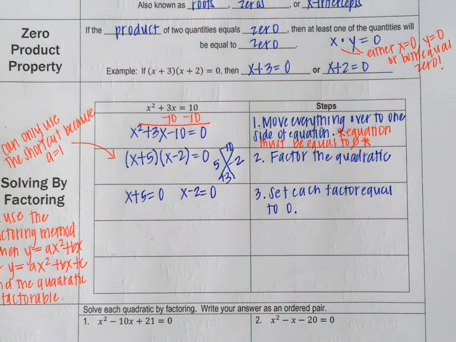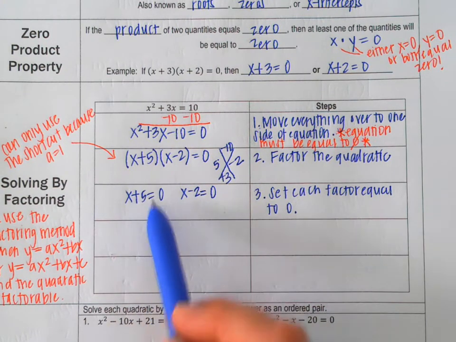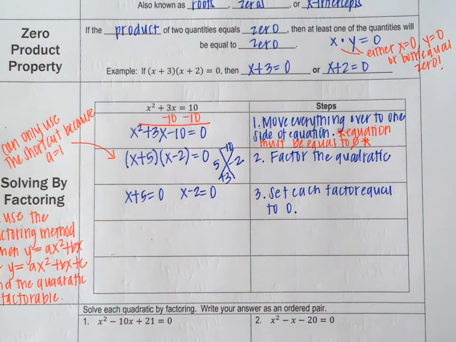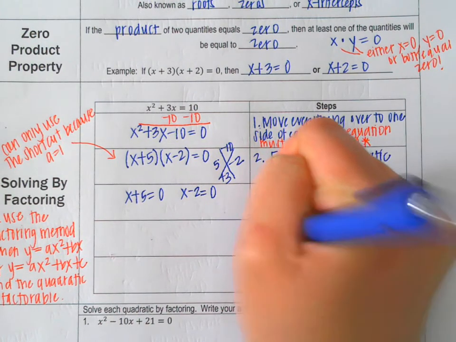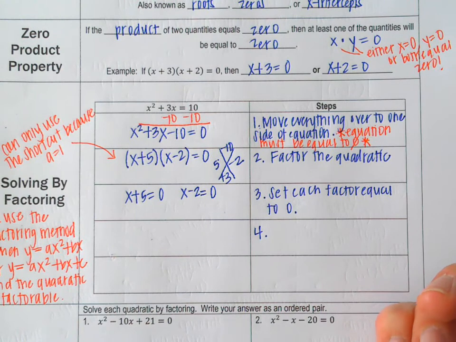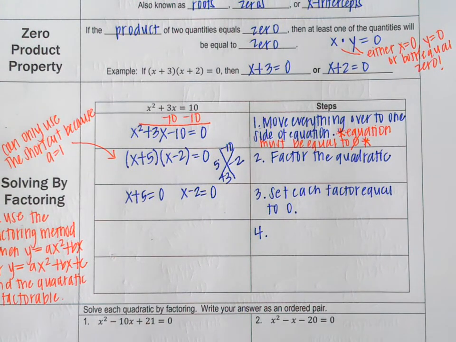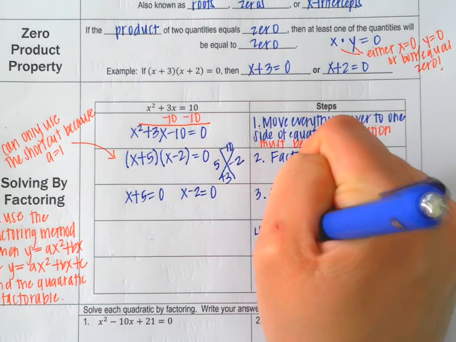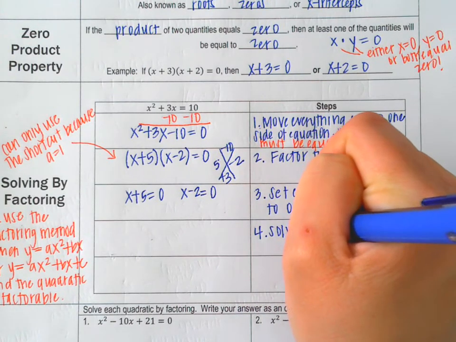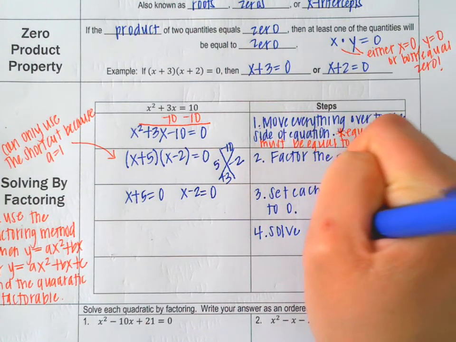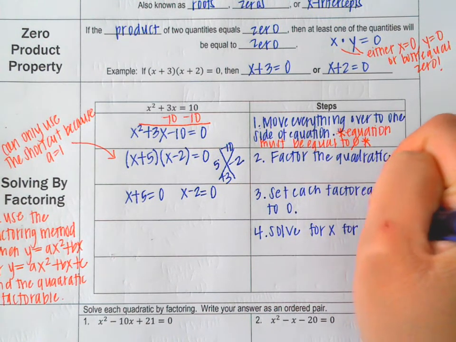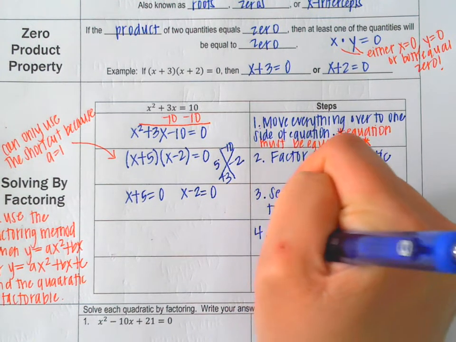And so now that I've set x plus 5 equal to 0 and x minus 2 equal to 0, so I separated them, my fourth step is to solve each factor separately for x. So solve for x for each factor.